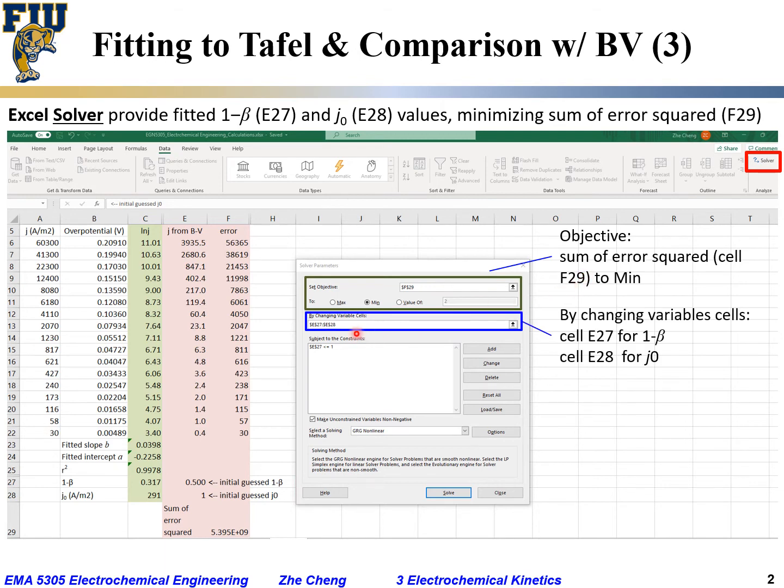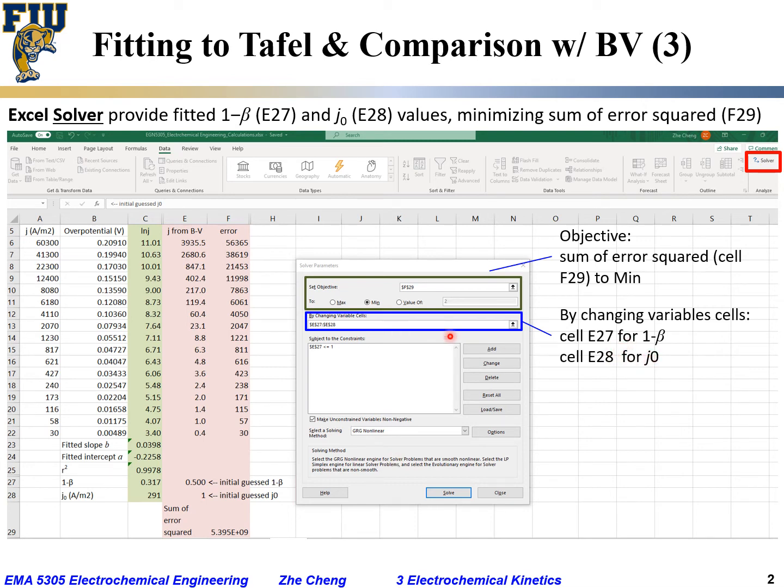That will be the objective. And then the second part is to determine what would be the parameters that the Excel solver would optimize or fit to reach the objective. So here, by changing variable cells, we have two cells. One is cell E27, this one for 1 minus beta. The other one would be cell E28 for J0.